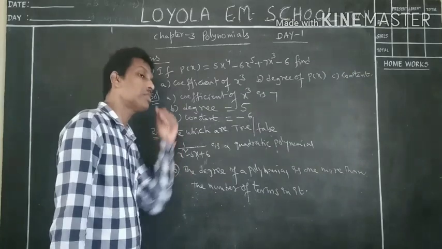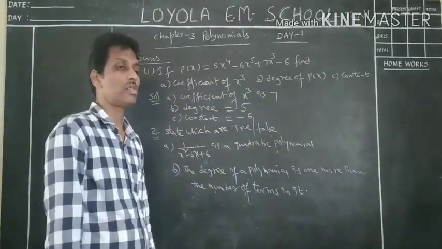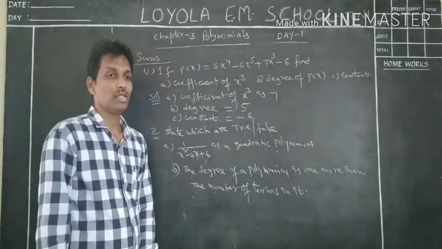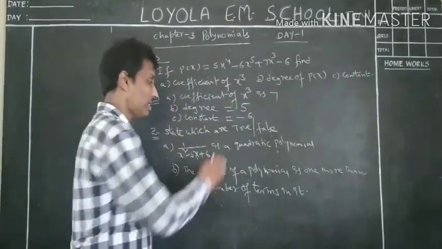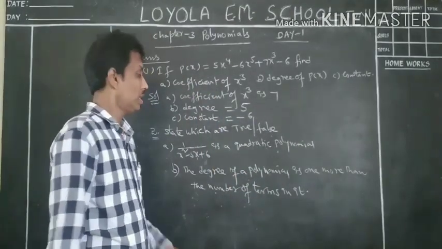When it comes to the numerator, the powers become negative values. So that's why this is not a quadratic polynomial. This is not a polynomial also.